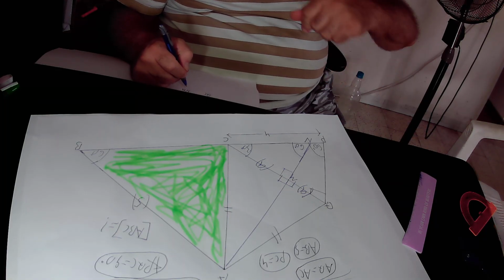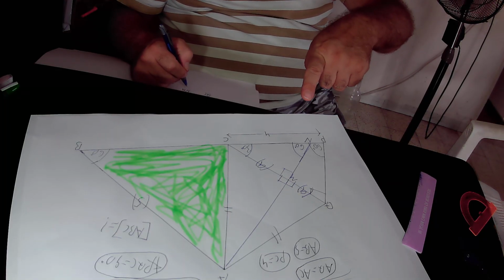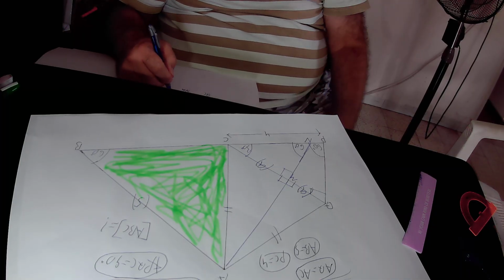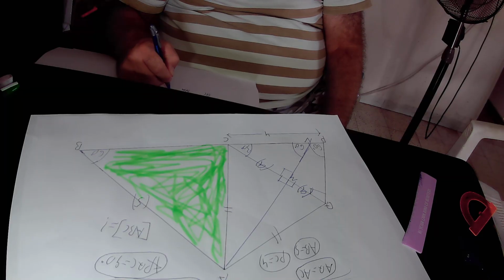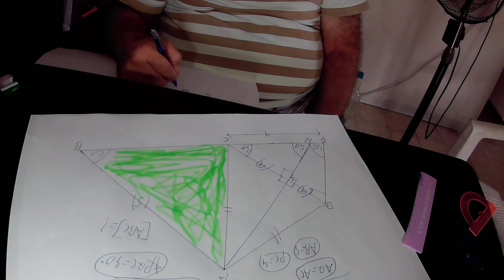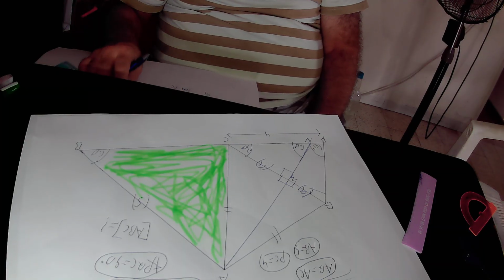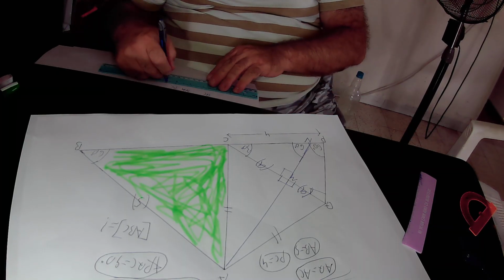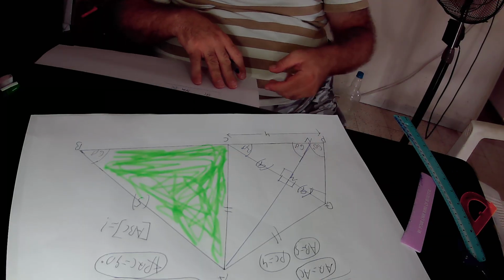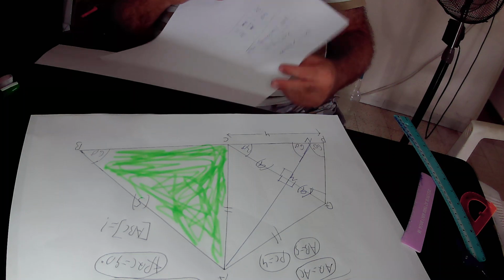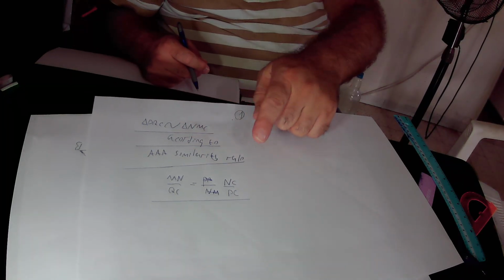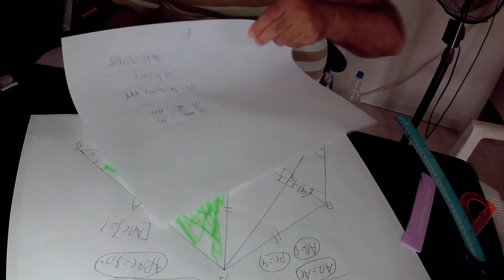Actually, it equals side NC of the right triangle NMC over side PC of the right triangle PQC. From the fact that those two right triangles are similar to each other, MN over QC equals NC over PC.